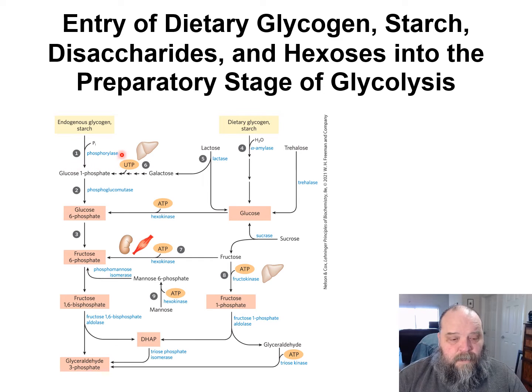So you take an enzyme like phosphorylase. It's going to take one of these sugars, release the glucose from these long polymers, and you end up with glucose 1-phosphate. Okay, glucose 1-phosphate is not the first step of glycolysis. It's close, has all the components, but the phosphate needs to be on the 6th position.